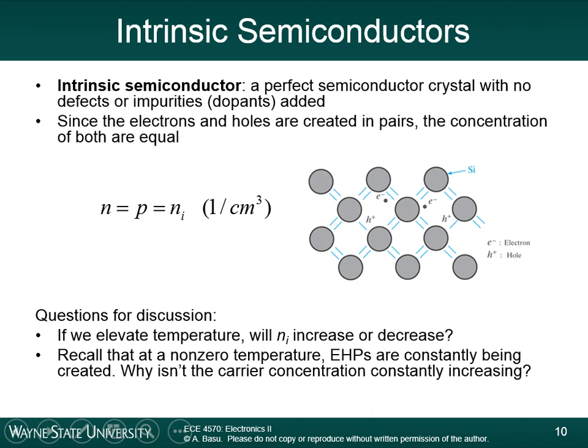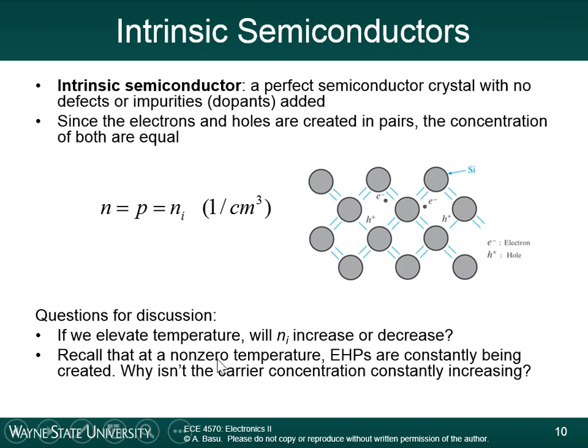That creates the electron here, and it creates a hole, otherwise referred to as an empty state, or incomplete bond over here. Since the electrons and holes are created in pairs, the concentration of both are equal to each other. So at room temperature, the number of electrons, n, is equal to the number of holes, p, and that's equal to a constant, which we call Ni.